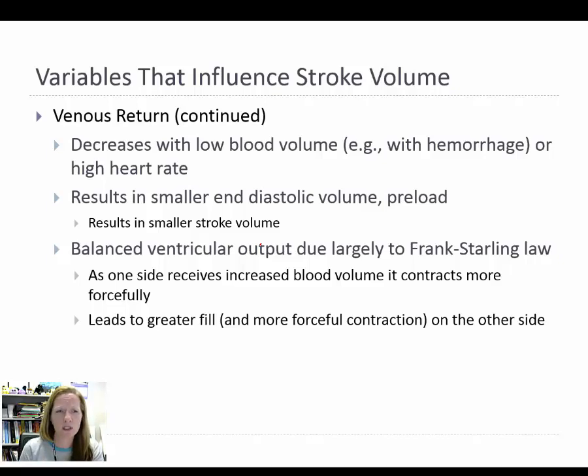If you have this giant volume of blood, but it only contracts weakly, you're going to have this kind of leftover blood, and then it backs up the system and it causes edema. It's kind of like filling up a bathtub with a whole lot of water all at once, but the drain on the other side can't drain. So eventually it's going to flow out of the bathtub, which is not good at all.